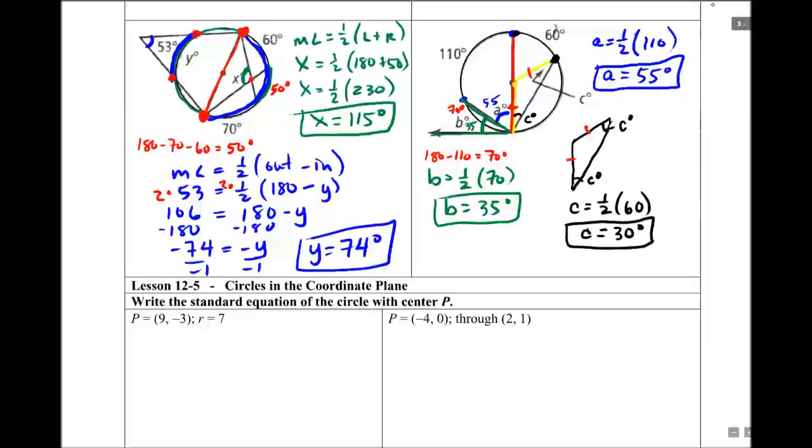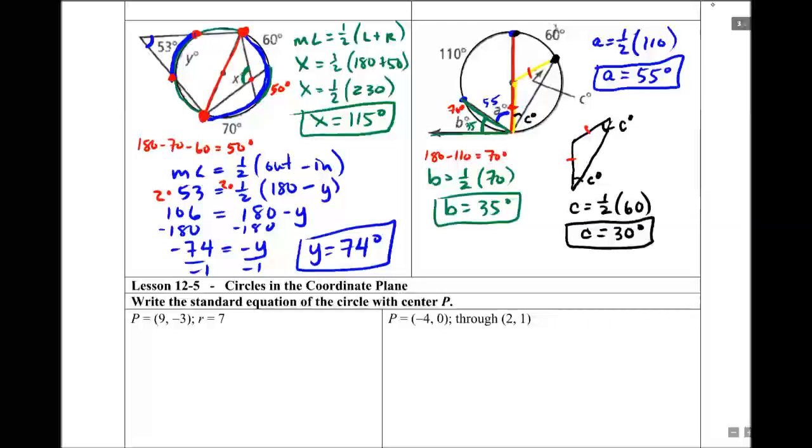So the measure of my angle is 1/2 the difference of those two. So I just plug everything in. 50 is 1/2. I know my outside arc is 180. My inside arc is y. Do the math. Y is 74 degrees. That one was a little more challenging, but if you're careful, you can work your way through them. All right, this one, next problem.